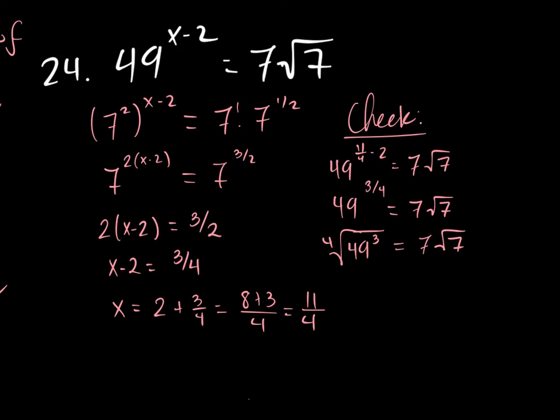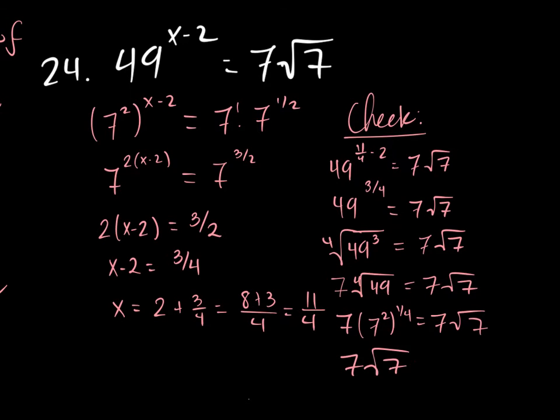So this is going to be 7, 4th root of 49 equals 7 root 7. Sorry, my pen's not writing again. 7 times 7 squared to the 1/4 equals 7 root 7. This is 7 root 7 equals 7 root 7. So check, that does work.